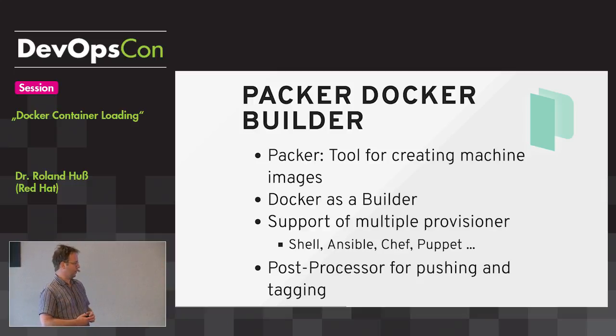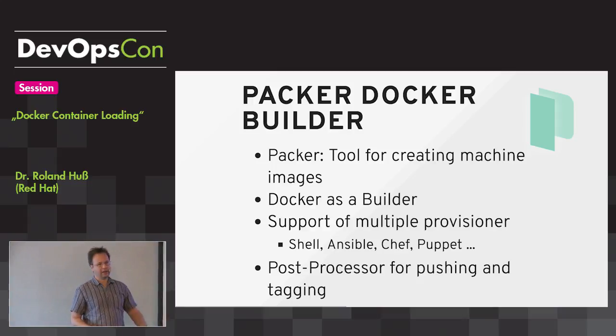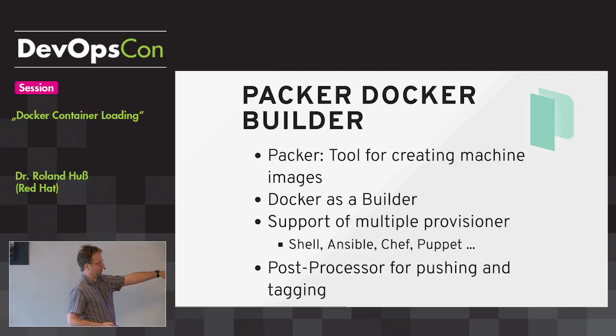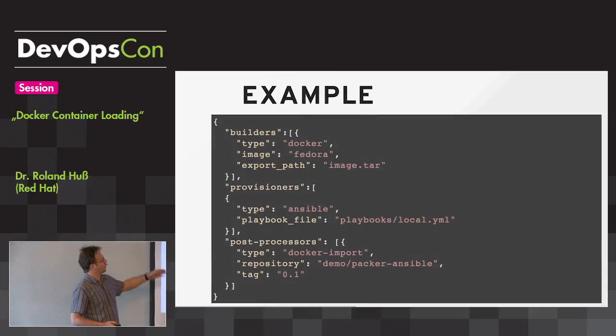Shell is an example. And then there's a post-processor step, and in the Docker case, you simply do this commit step again. So it's quite similar in approach to the Ansible container thing, and it's quite nice, and it also supports much more systems.